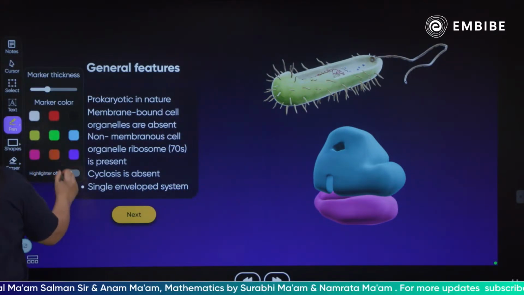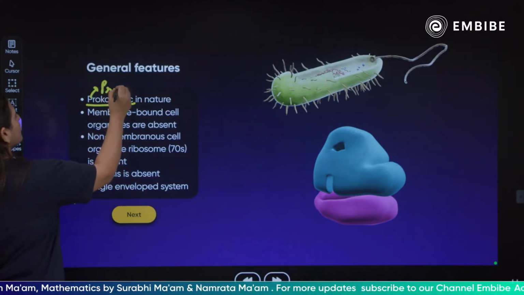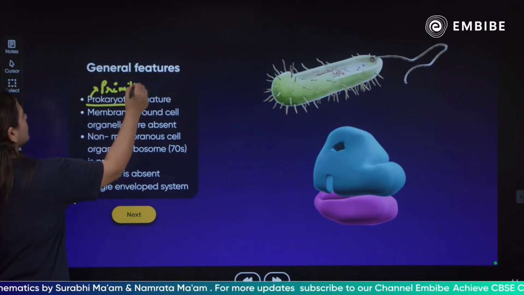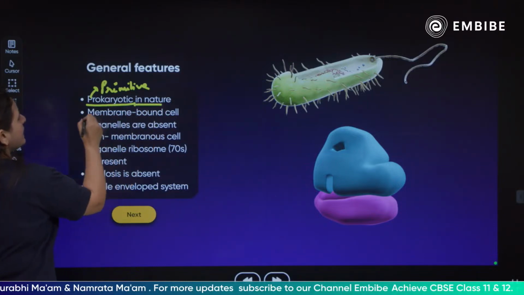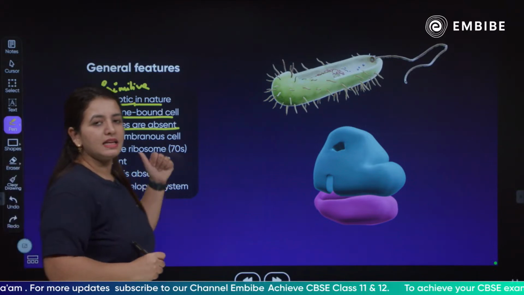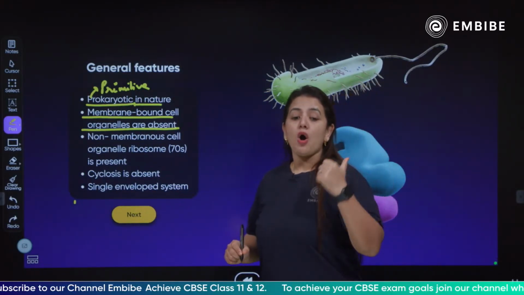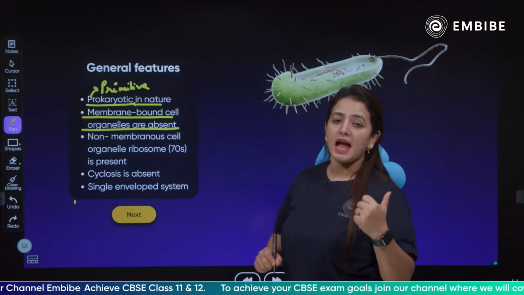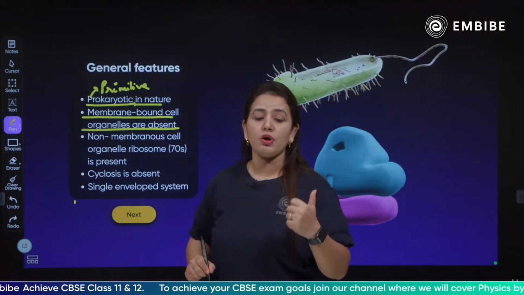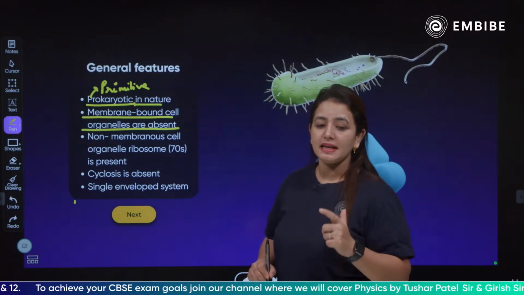Prokaryote means primitive nucleus. Membrane-bound cell organelles are completely absent. Just now we discussed the ER, mitochondria, Golgi bodies, lysosomes; all organelles which possess a membrane are completely absent.